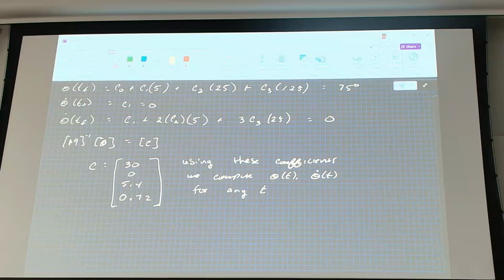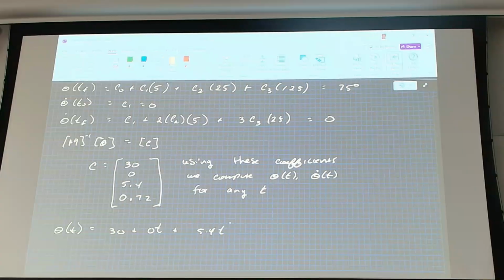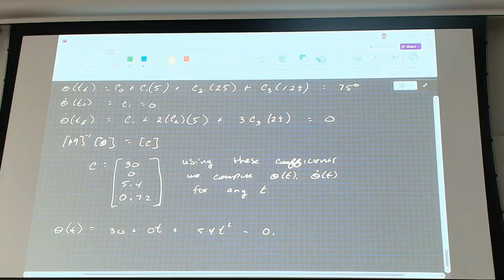In other words, our equation of positional displacement, theta of t, becomes 30 plus 0 t plus 5.4 t squared, minus, my apologies, that's a minus, so minus 0.72 t cubed.